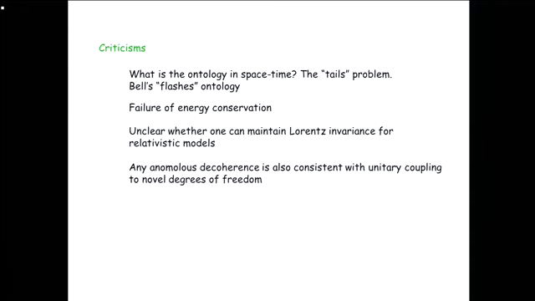Then the final criticism I want to spend just a little bit more time on comes back to something I mentioned in the very first week of the course, which is basically that the experimental signature that proponents of collapse theories say would vindicate their models actually can be explained in other ways. So even if we saw some anomalous decoherence, right?